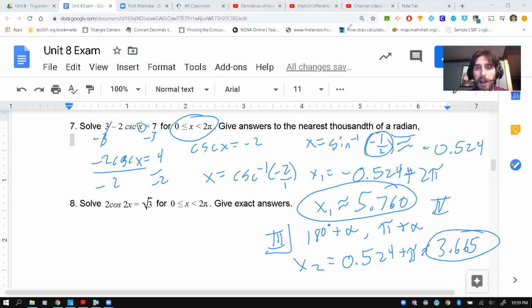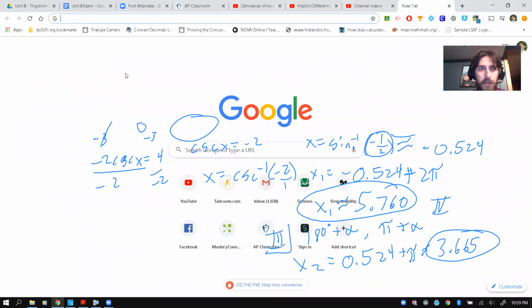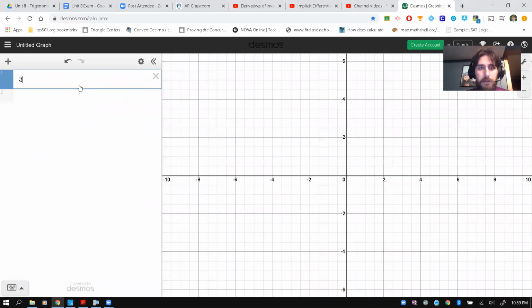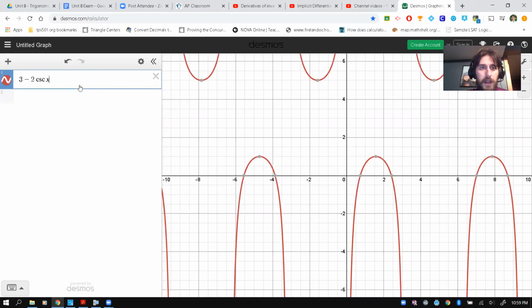All right. As a reminder, by the way, whenever you're doing any of these and you're not sure if you did it correctly, you could go to desmos.com and type in your equation, 3 minus 2 cosecant x.